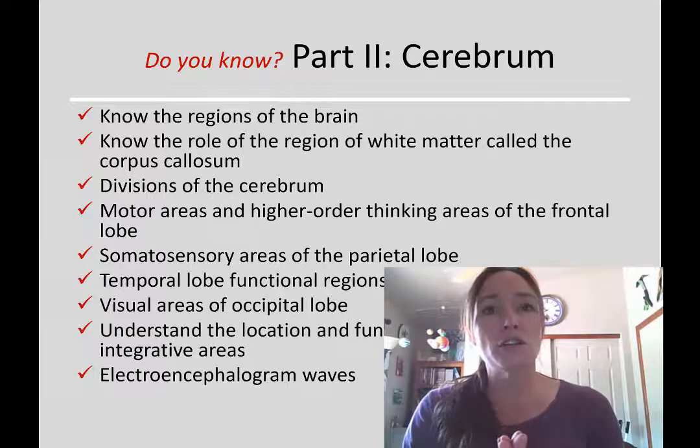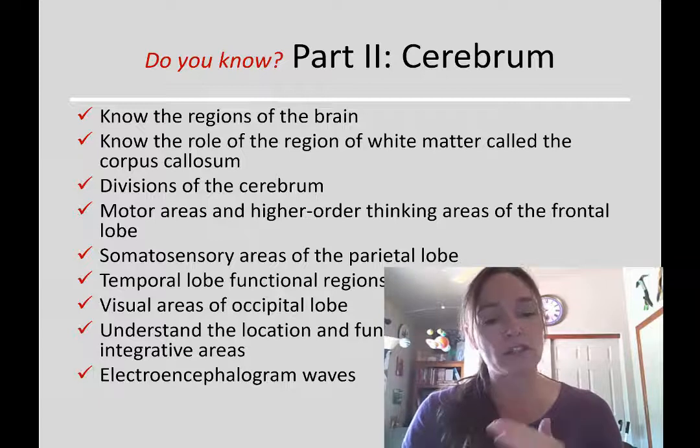From that longitudinal fissure is a specific sulcus that extends out and down. That sulcus divides the frontal lobe and the parietal lobe. In front of that sulcus, which is known as the central sulcus, you have the precentral gyrus. So a gyrus is the mound portion, whereas the sulcus is the crack between the mounds.